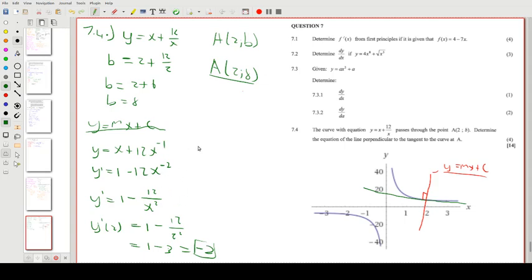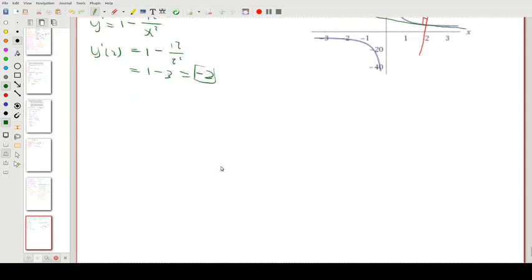Okay. Now we need to find the gradient of the perpendicular line. So the perpendicular line, let's move down a little bit. So we know to find when lines are perpendicular, what do we know about that? We know for perpendicular lines that the two gradients multiplied together must equal negative 1.